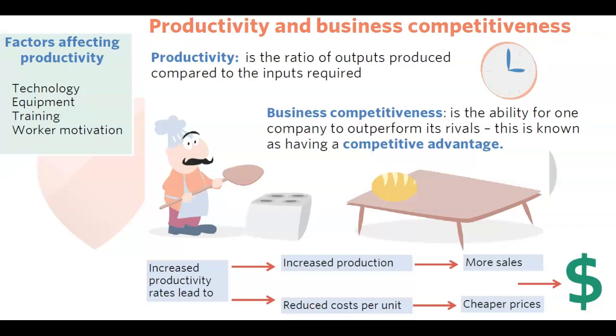It gives you a competitive advantage in the marketplace, which then allows you to increase your sales, increase profitability, which leads to achievement of business objectives. So you're being effective through the efficient production of goods through your operations management system.